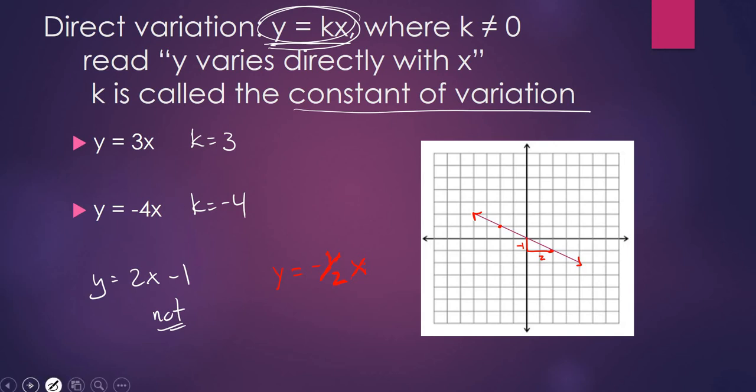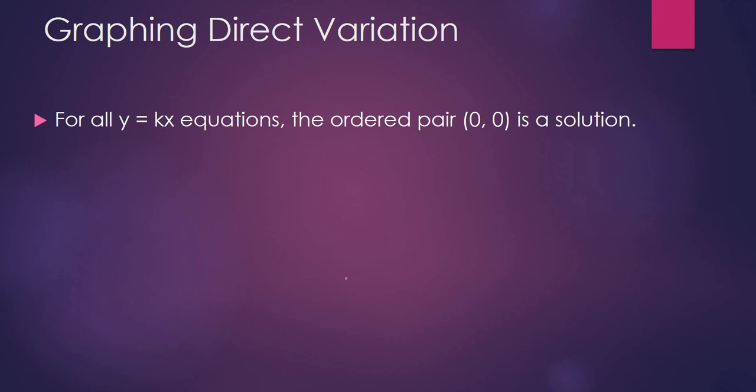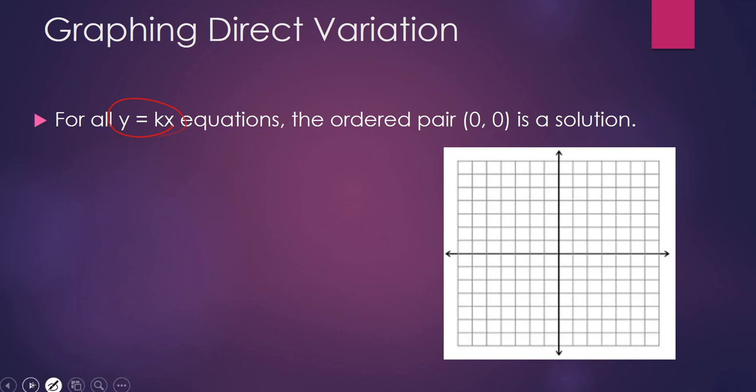So let's take this a step further and let's look at graphing a direct variation. So for all y equals kx, or for all direct variation models, the ordered pair 0, 0 is a solution. So let's look at graphing, for example, oops, I lost my sheet. Let's look at graphing y equals 2x.